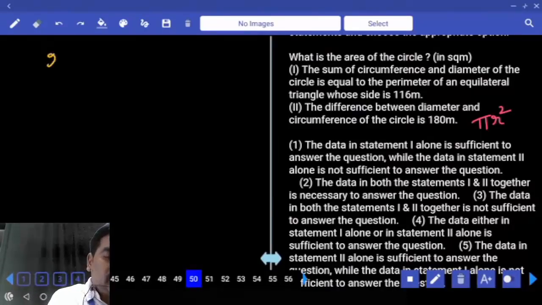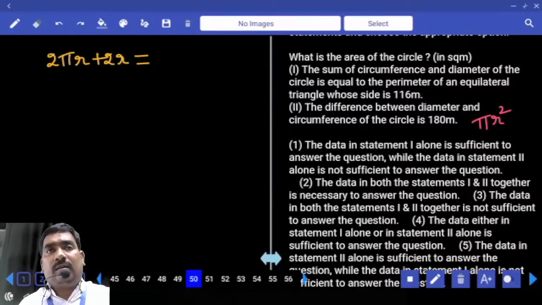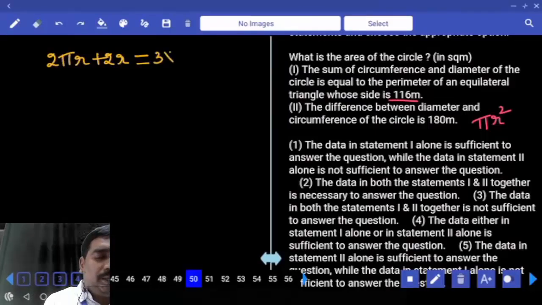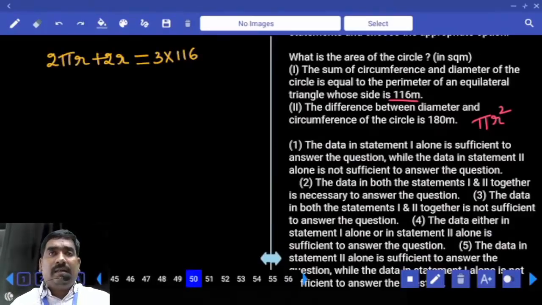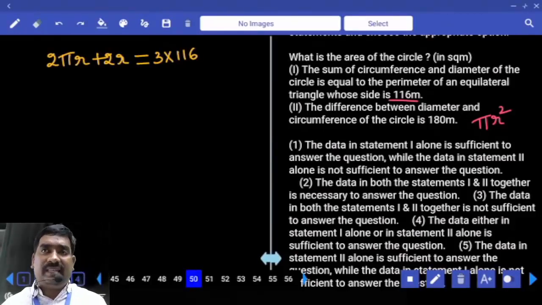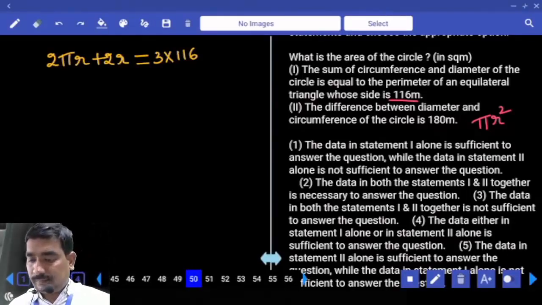Circumference is 2 pi r and diameter is 2r, equal to the perimeter of an equilateral triangle, which is 3 into side, or not? 3 into 116. From there, can we find the r value, yes or no? From here we can find the r value. If you know the r value, we can find the area too. 1 alone we can say the answer.